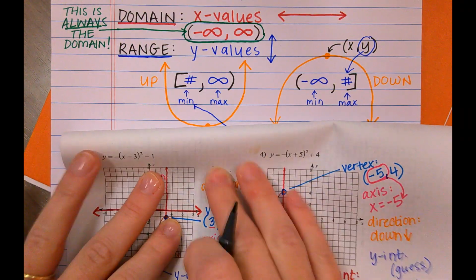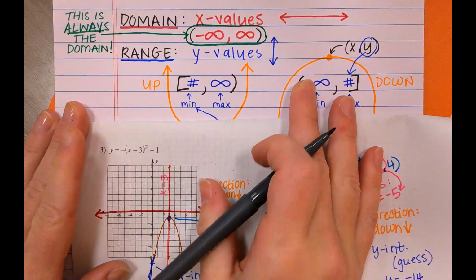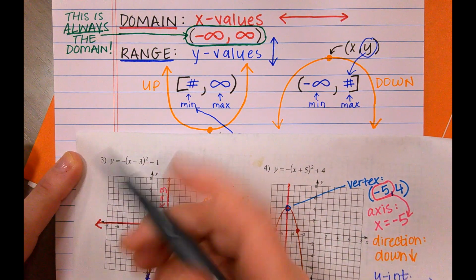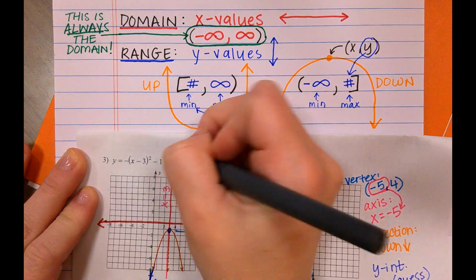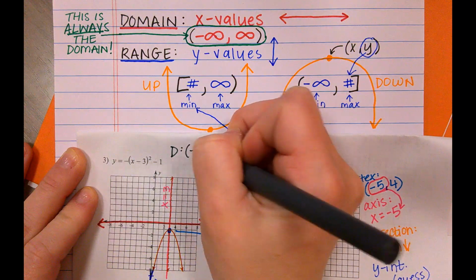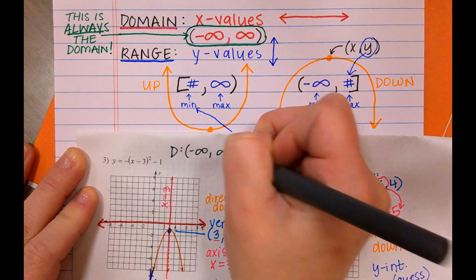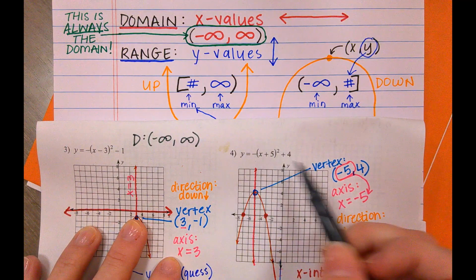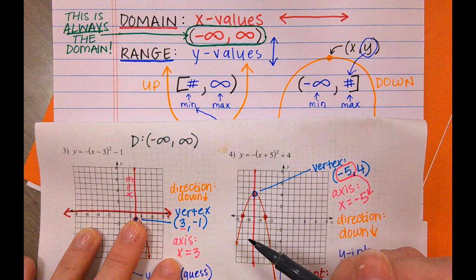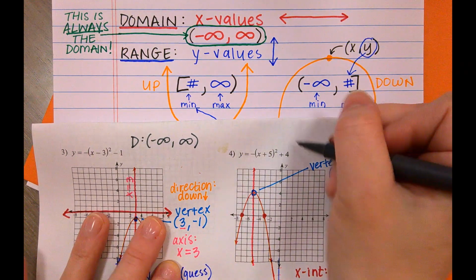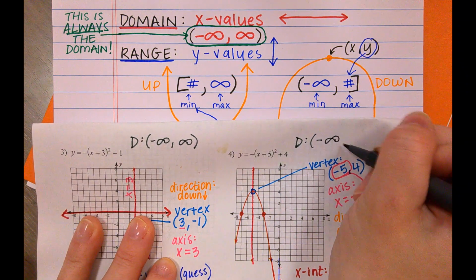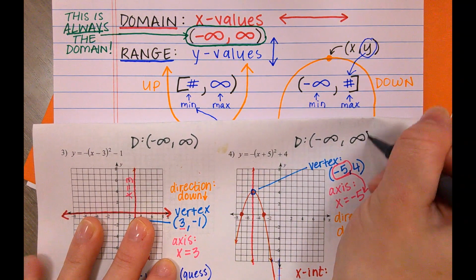Negative, positive, yes. It will always be the same. It goes on forever to the left and to the right. So domain for 3 is negative infinity, positive infinity. Definitely. What about number 4? What's our domain? Yes. Negative infinity, positive infinity. Good.